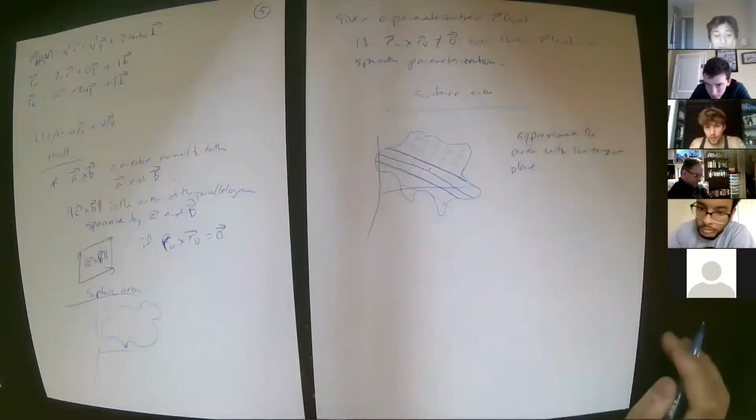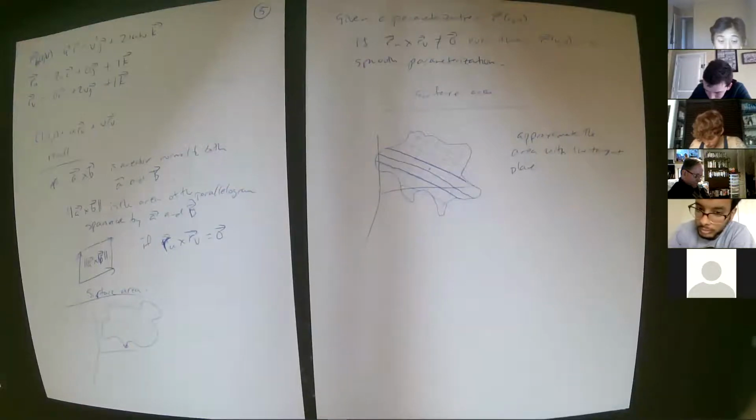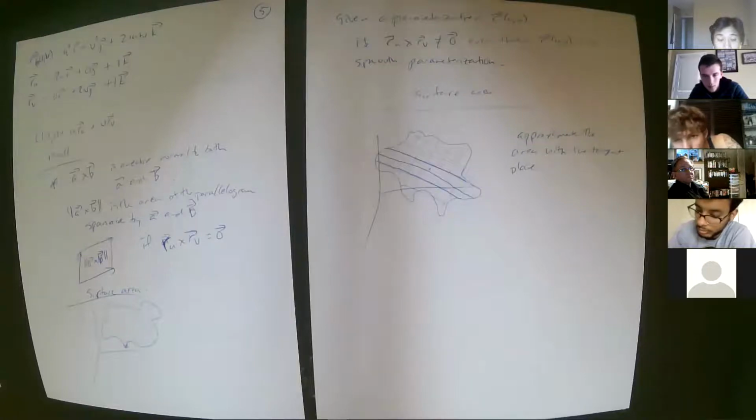What is the area of the tangent plane? Magnitude of the cross product. We just talked about it, right?